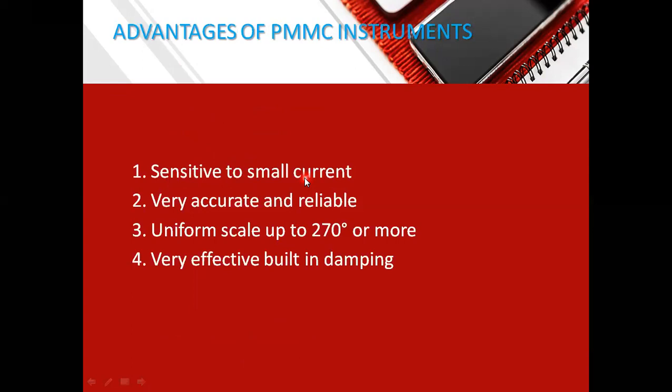And we must have learned already that galvanometers also measure very small amounts of currents, and thus PMMC instruments are very much suitable for galvanometers. They are very accurate and reliable. They have uniform scale up to 270 degrees or more.